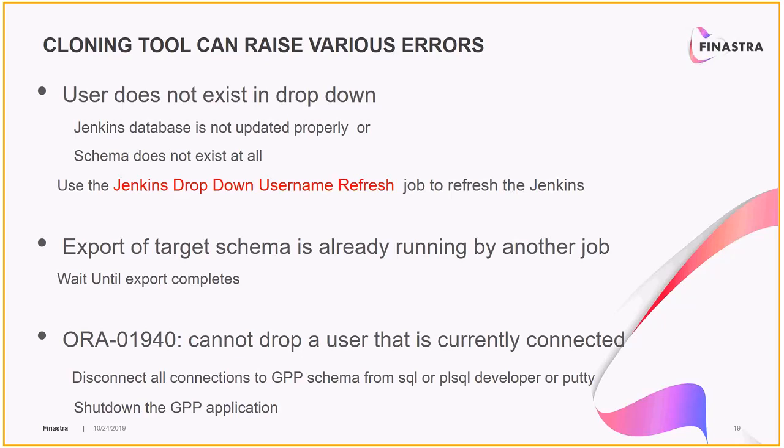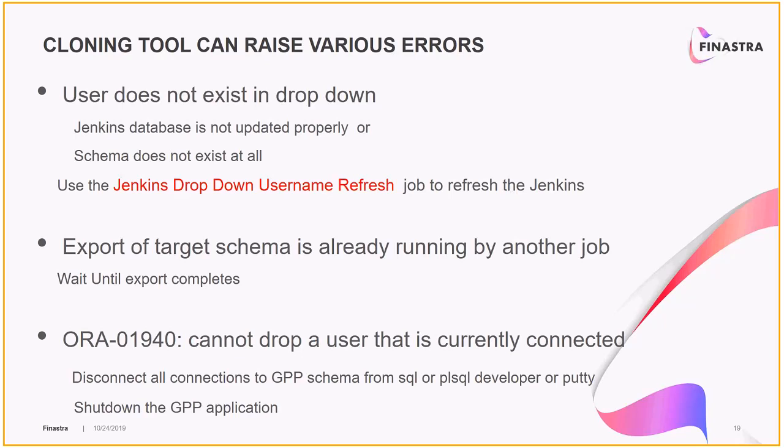As I mentioned, the clone tool drops the schema and recreates it. But when it goes to drop, the GPP application might already be connected to the schema, and it is not allowing Oracle to drop it. So that's when we get this error.